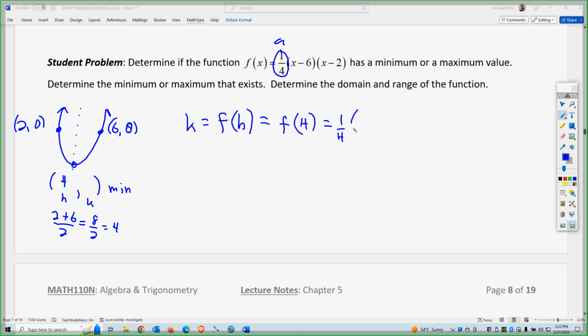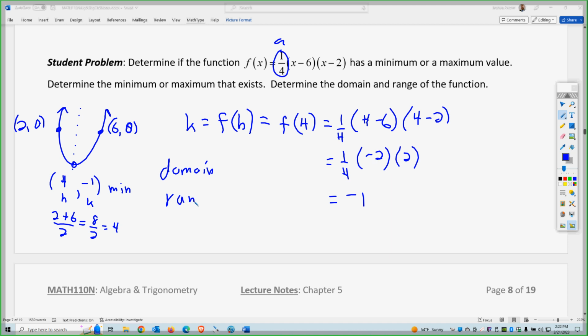So 1/4 times 4 minus 6 and 4 minus 2. So I get 1/4 times negative 2 times 2. So essentially I get negative 1. So domain and range, I go forever left and forever right. I'm going to go down to negative 1 and then up forever.